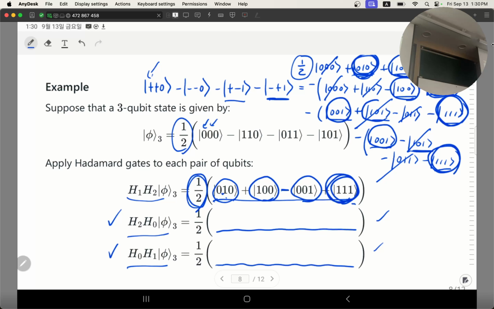So plus is 0 plus 1, minus is 0 minus 1. So you can distribute 0 and 1.